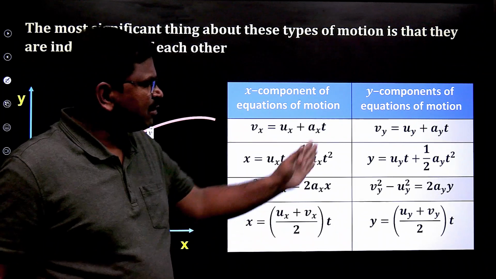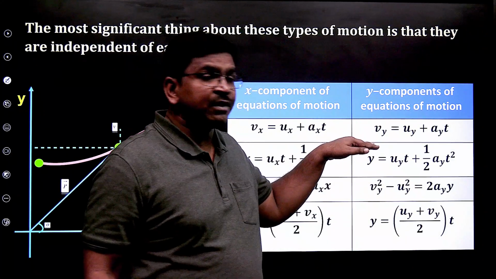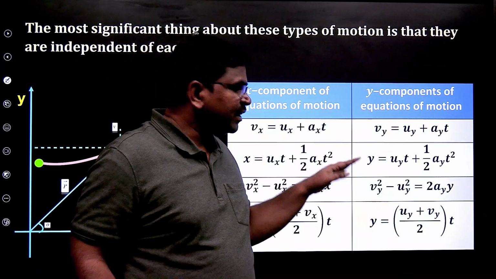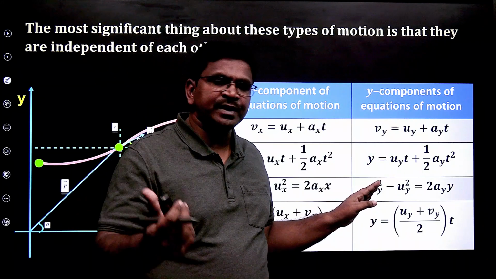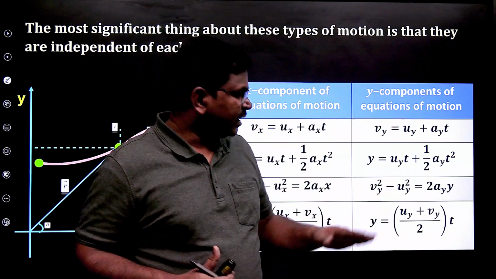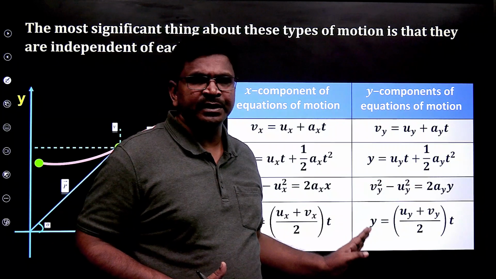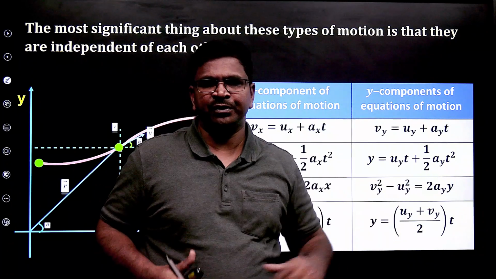Similarly along the y-axis, Vy equal to Uy plus Ayt, y equal to Uyt plus half Ayt square, Vy square minus Uy square equal to 2Ay times y, and the displacement along the y direction, that is y, equals average velocity into time.